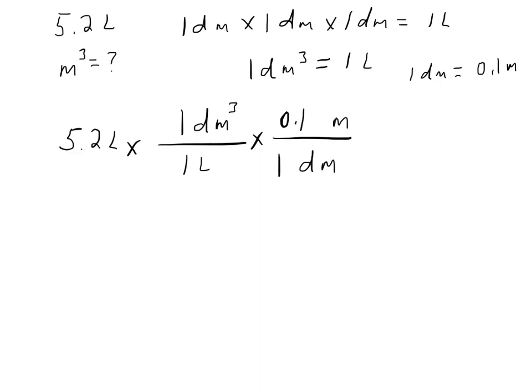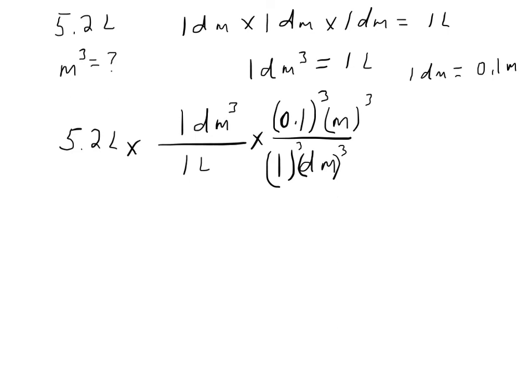But that's linear. I'm looking for cubic meters and cubic decimeters. So what I can do is I can actually go through and cube every number. And when I cube every number, I now have cubic decimeters and cubic meters.